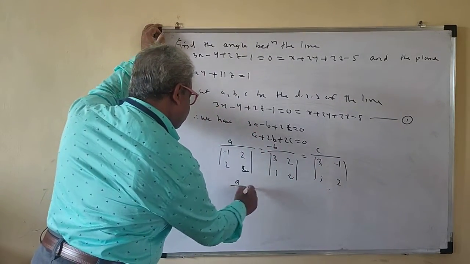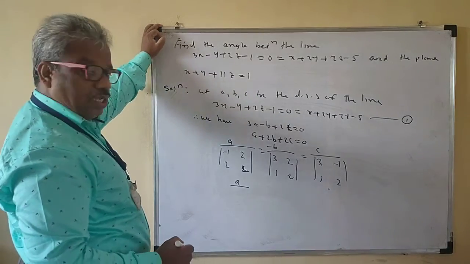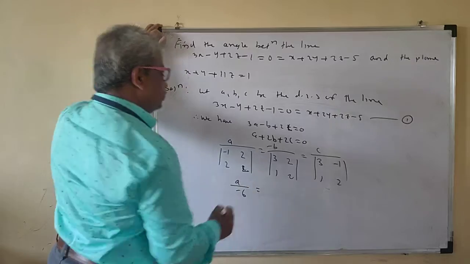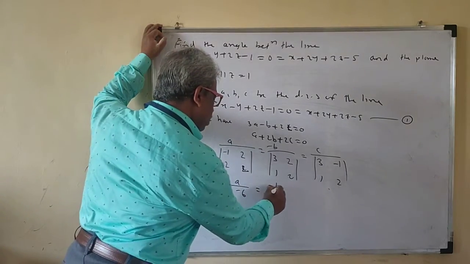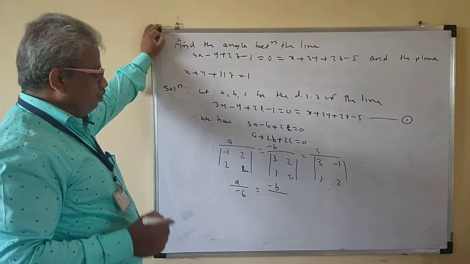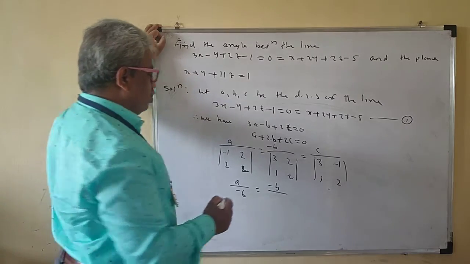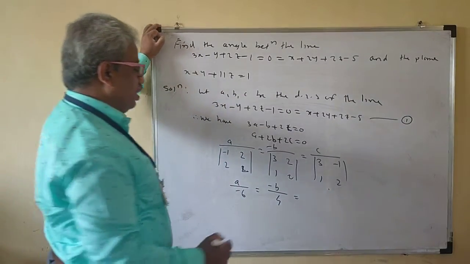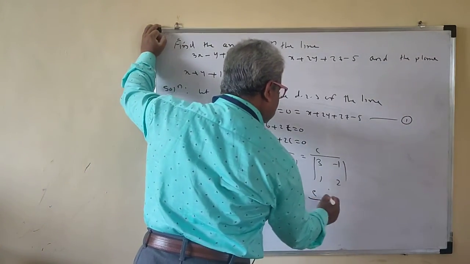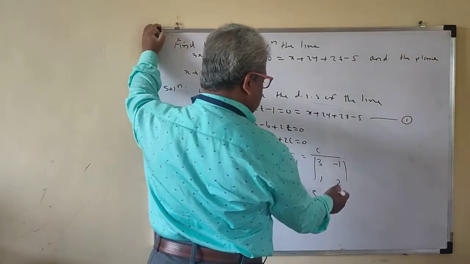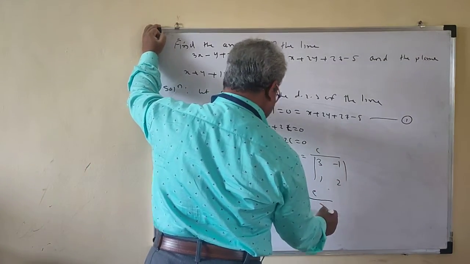So a upon minus 2 minus 4, which is minus 6. Minus b upon minus 6 minus 2, which is minus 6 minus plus 6, so this is 4. c upon 6 plus 1, which is 7.